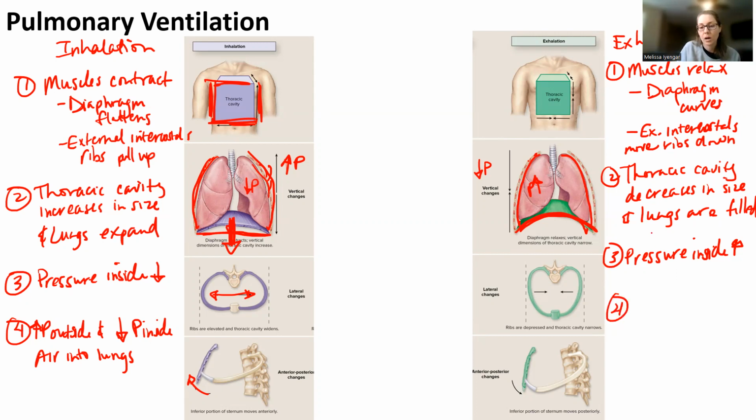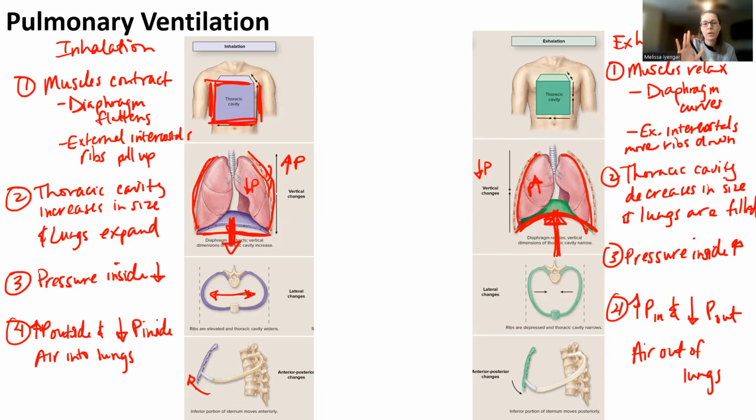So as we increase pressure inside and decrease pressure outside, I'm just going to write this really simplistically: air moves out of the lungs. Okay, so remember, we're going to push on our plunger here, right? We're going to push in that direction.